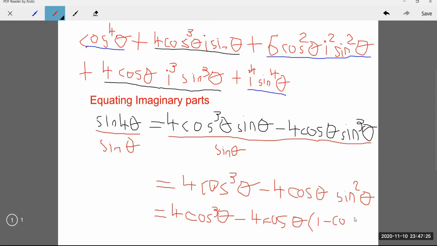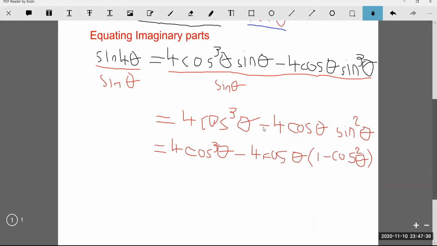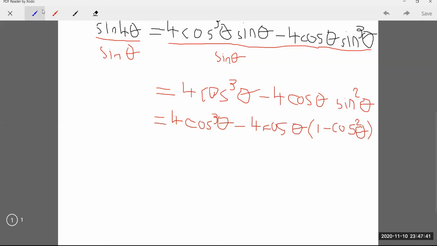We're almost finished. All we need to do now is use the distributive law and expand this bracket. So we get 4 cos cube theta, and then we have minus 4 cos theta times minus 1, that's minus 4 cos theta.